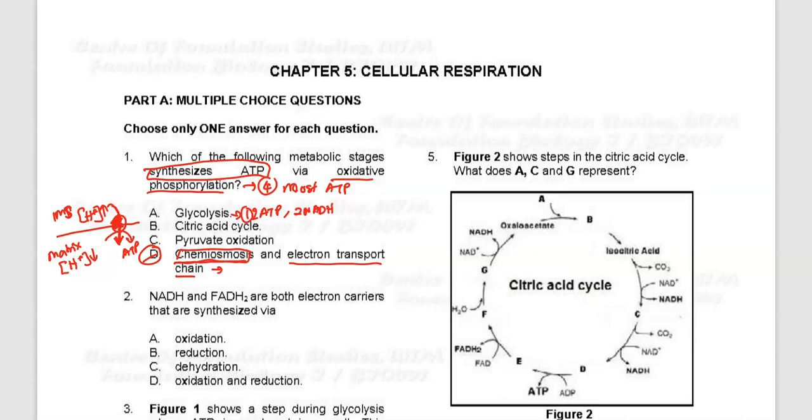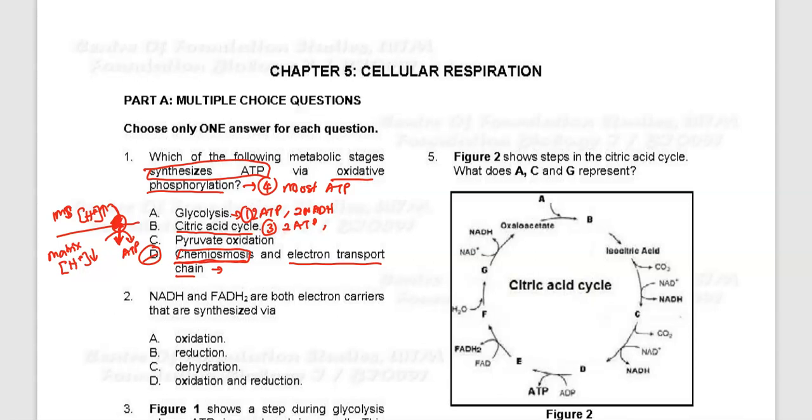And as for citric acid cycle, it is the third stage of cellular respiration that occurs in the matrix of mitochondria, and for one molecule of glucose being oxidized, the citric acid cycle has to occur twice. So therefore, the number of ATP produced for one molecule of glucose will be 2 ATP. So you have to take note, the citric acid cycle has to occur twice for one molecule of glucose.